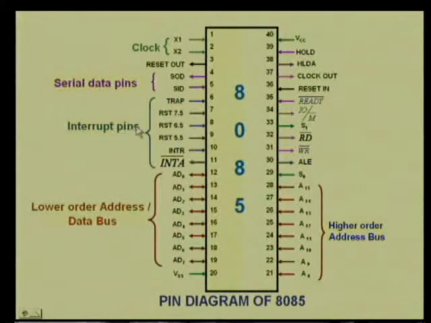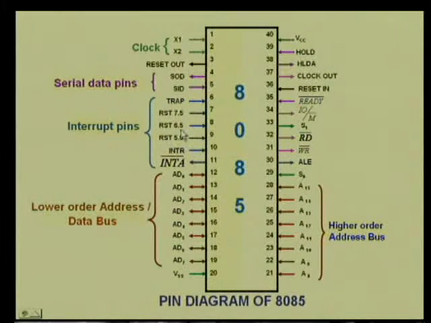Next one is the interrupt pins. Previously we have seen what an interrupt is, that is, any peripheral can be made to interrupt the processor's regular execution and ask it to perform some other important program, which is called a service routine. Here these are the pins available to provide interrupt signals to the processor externally. They are TRAP, RST 7.5, 6.5, 5.5 and INTR, interrupt request.